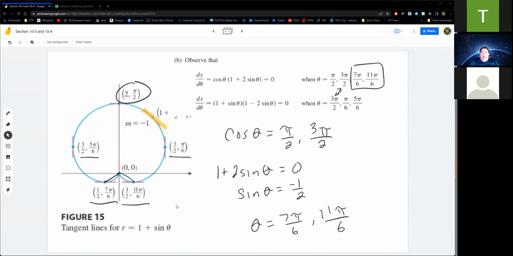They didn't solve this. You could take those points and plug them back into r equals 1 plus sine theta. So if you plugged in 7 pi over 6, sine of 7 pi over 6, off the top of my head, I don't know. Unit circle.